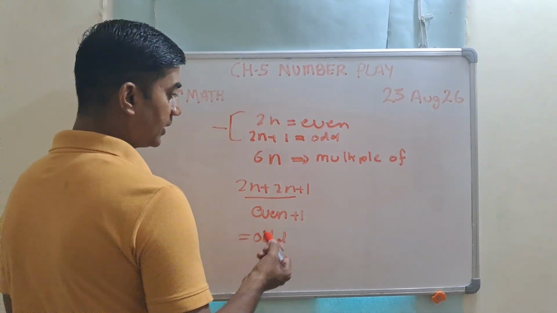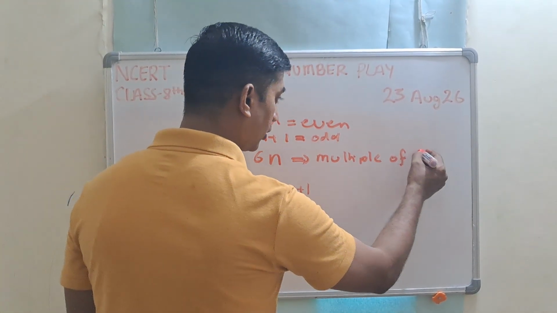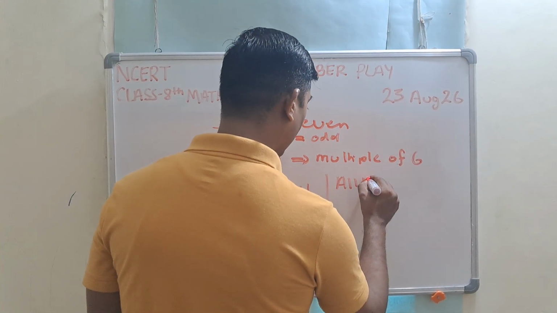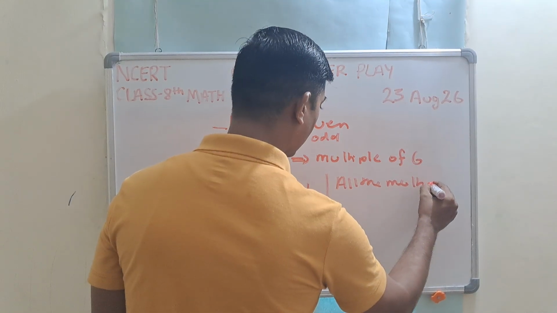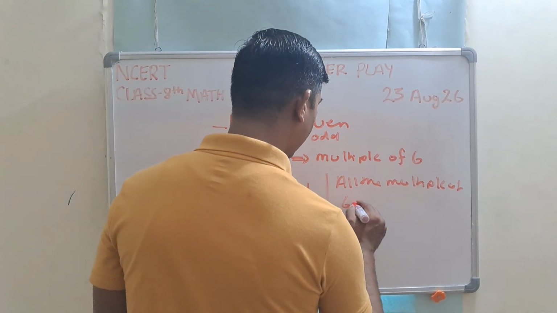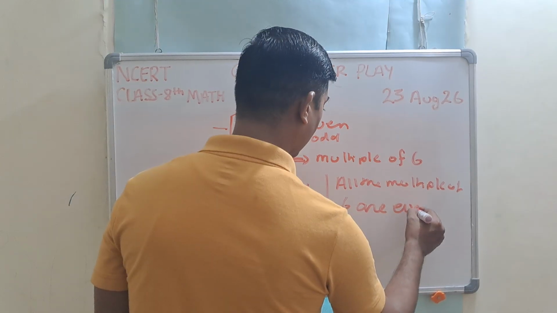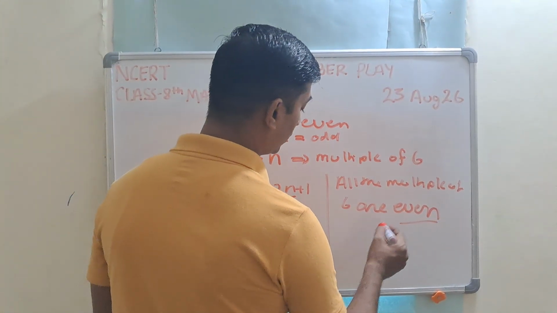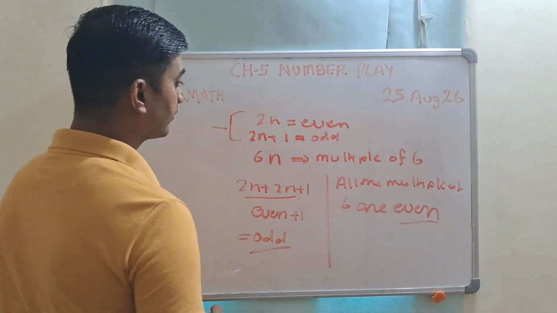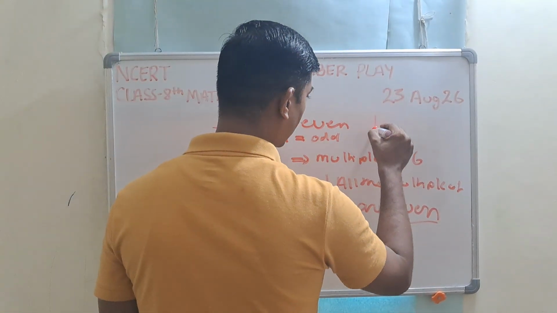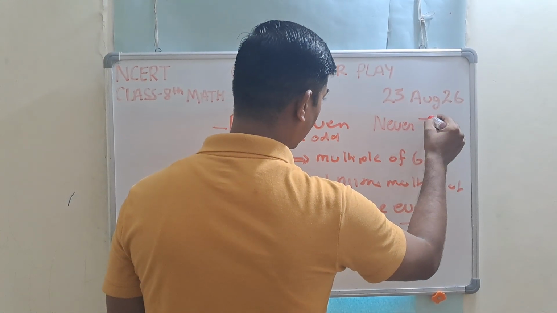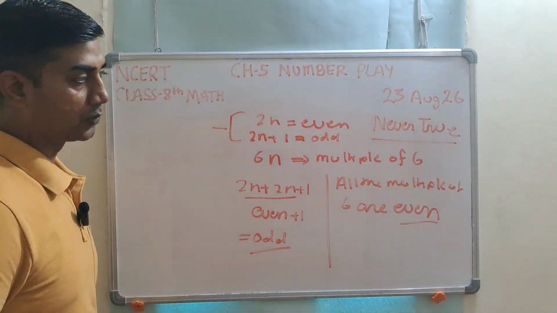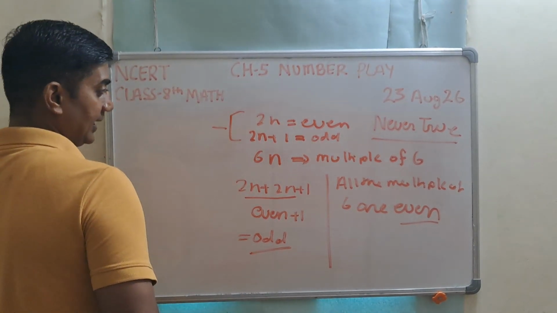And in this case we have seen that all the multiples of 6 are even. Understood? So an even number can never be equal to an odd number. So this is the case when the situation is never true. Understood? We'll see what the next situation is.